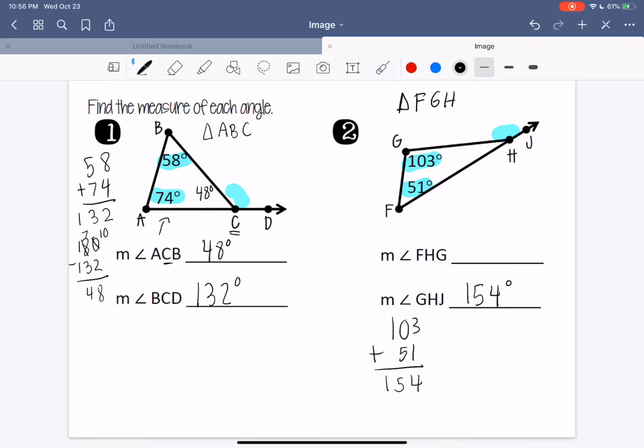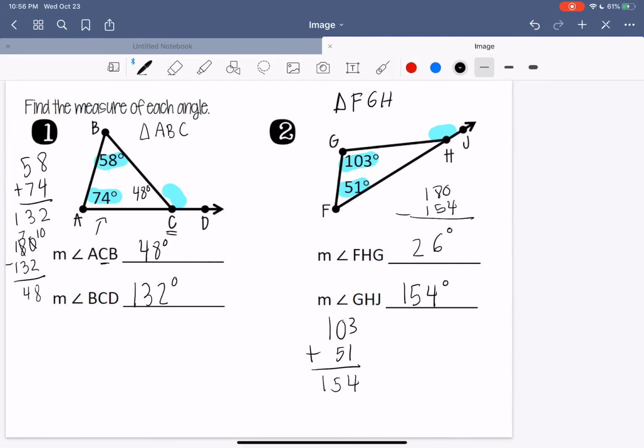Then we can take 180 and subtract our 154 to find the measure of angle FHG. So this is our missing angle, which we find is 26 degrees when we subtract them.